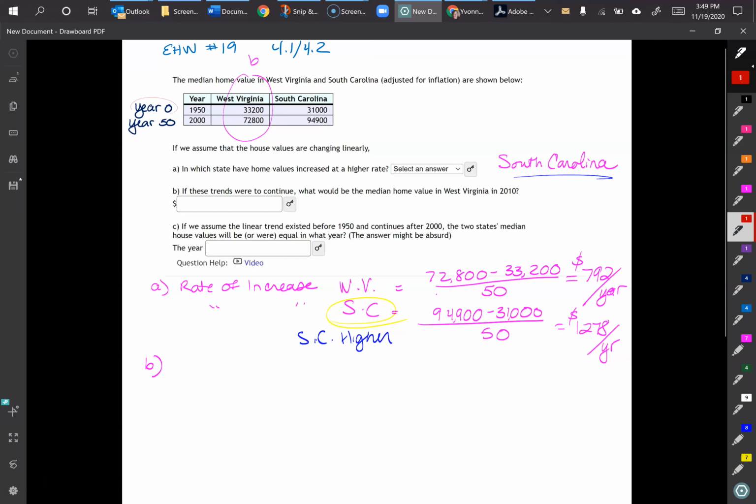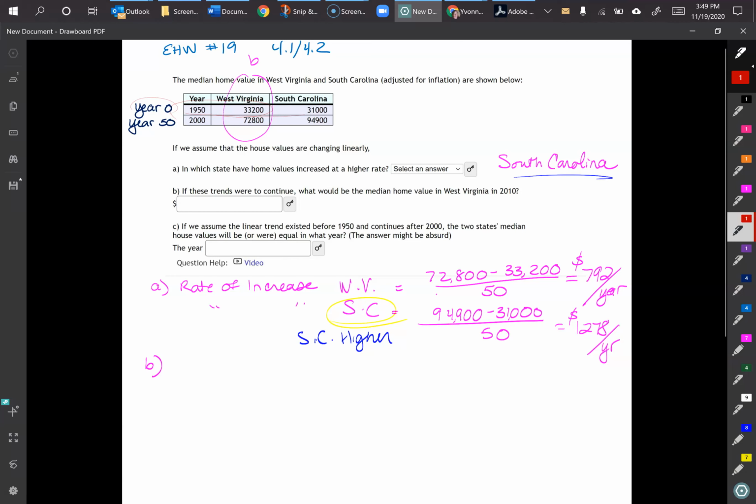So our y-intercepts are all set up for us really nicely. For West Virginia it would be 0 and then 33,200, and likewise for South Carolina, you'd have 0 and then 31,000. That would be your y-intercept. We're going to need that later.